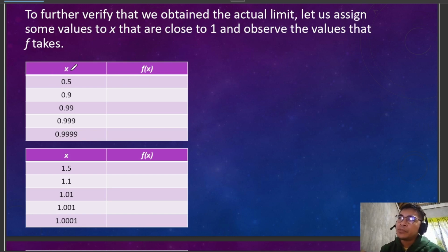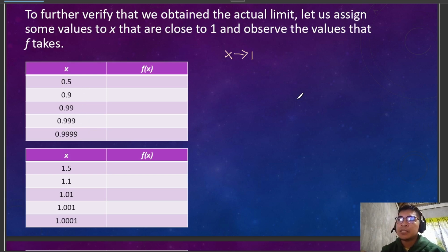If the value here is substituted to the given expression, the result will be put here, the f of x, or the output. So as you observe, we have our x. Since our x kaganina is approaches to 1, so here, from 0.5 until 0.999, wala siya kaabot sa 1, pero closer to 1. Right?